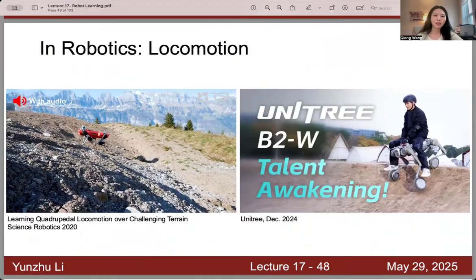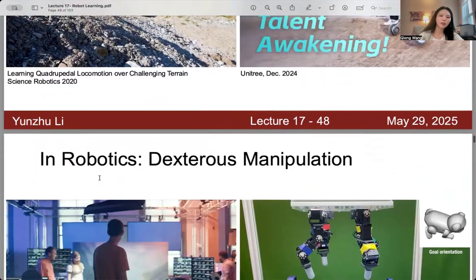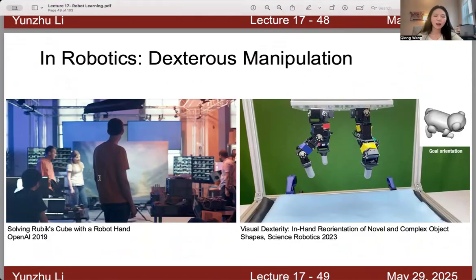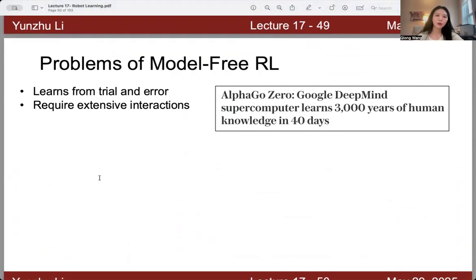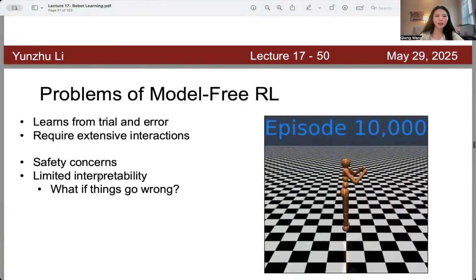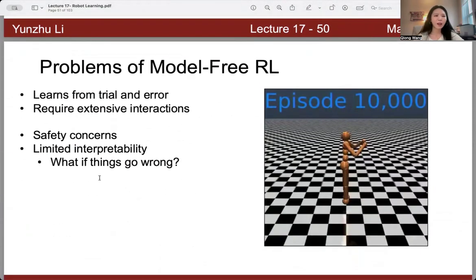In robotics, another topic is locomotion and manipulation. So we can use model-free reinforcement learning to solve problems like this. We can learn from trial and error, but it requires extended interactions.